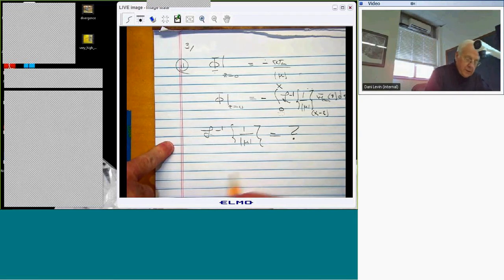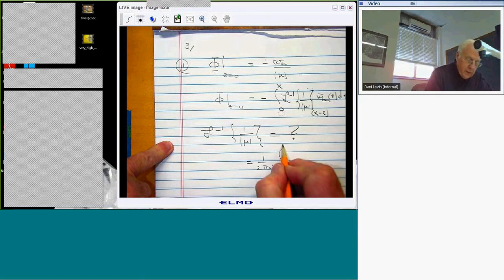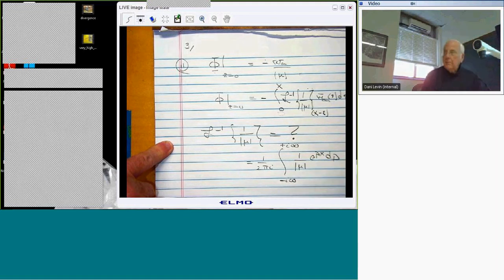This is really equal to 1 over 2 pi i, the integral from minus i infinity to plus i infinity, of 1 over mu e to the px dp. Someone had to evaluate that integral. And that turns out to be a non-trivial calculation.